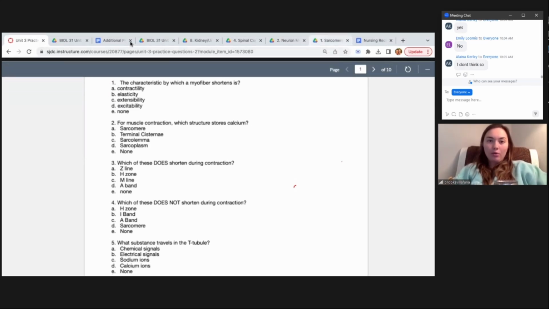Question number 1. Which of these is the characteristic by which a myofiber shortens?